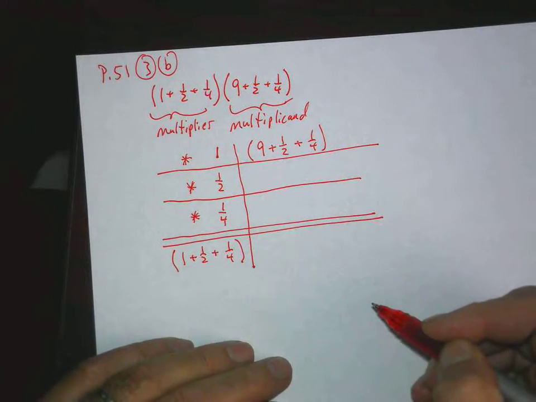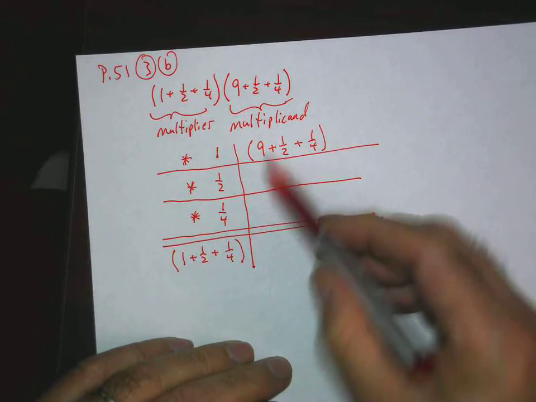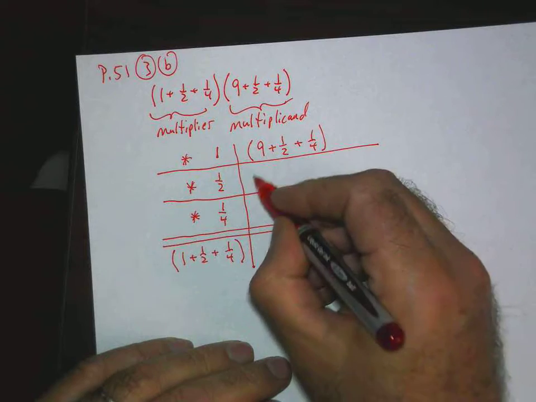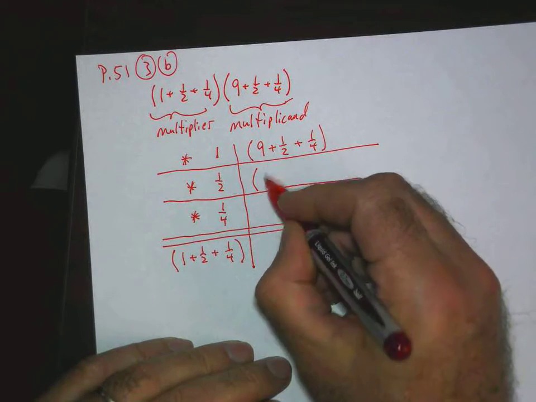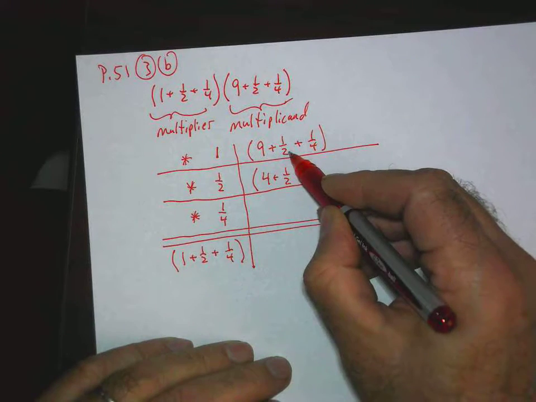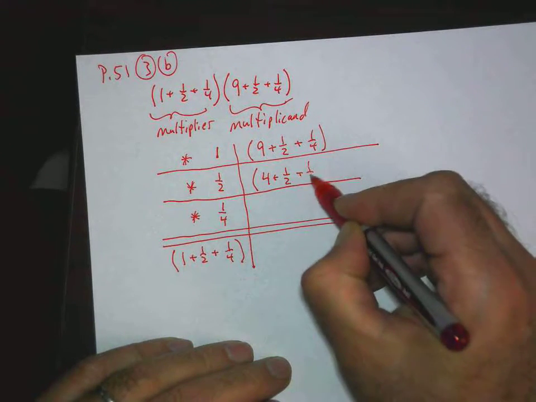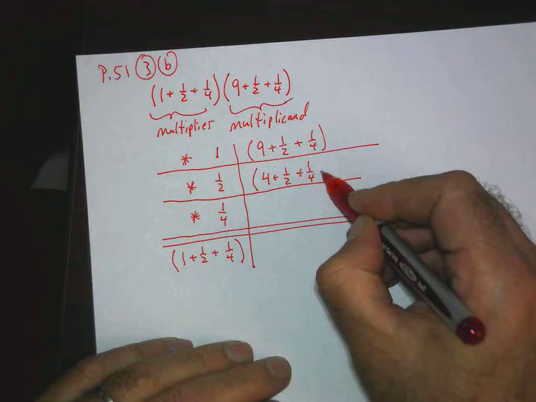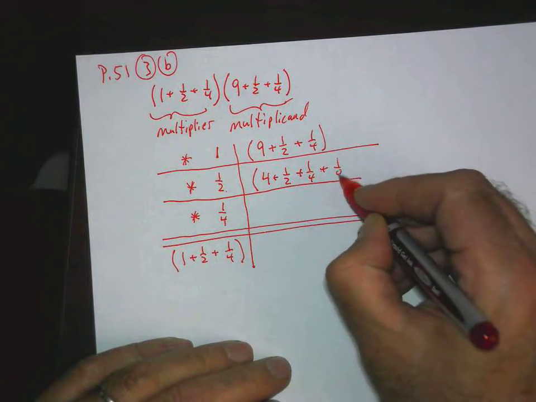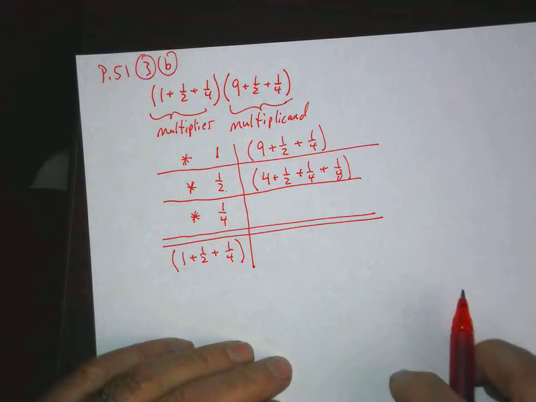Excellent. Now we multiply the multiplicand by 1/2. 9/2, that's 4 plus 1/2. 1/2 times 1/2 is 1/4. And 1/2 times 1/4 is 1/8. Oh, this is looking good.